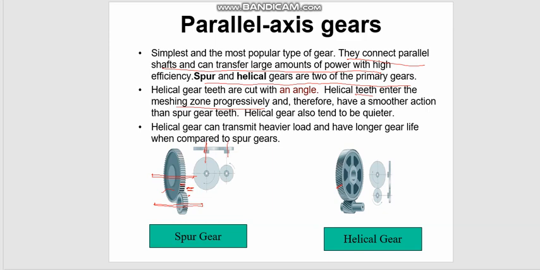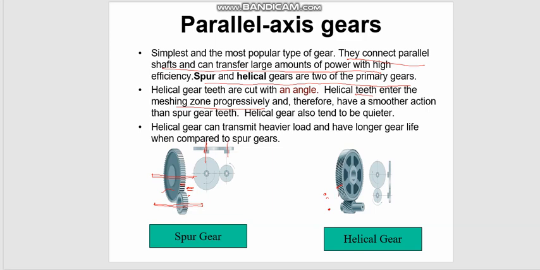But in the helical gear system, since it is cut at an angle, during meshing between the driver and the driven gear, the meshing is done progressively, bit by bit rather than in one go.